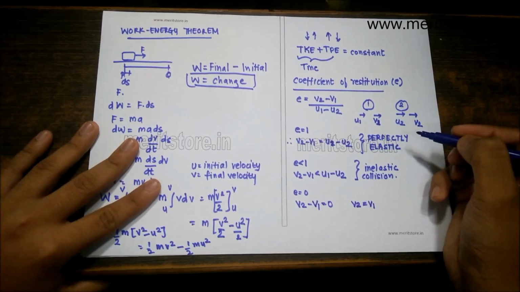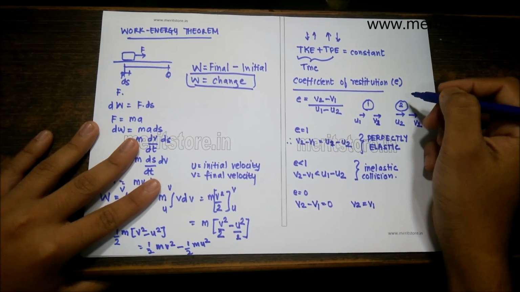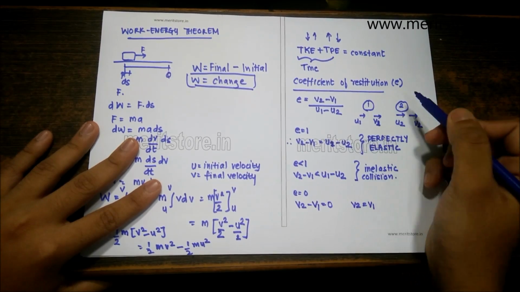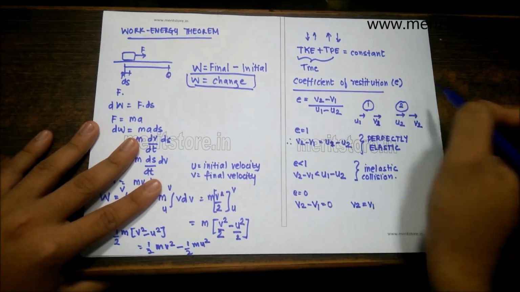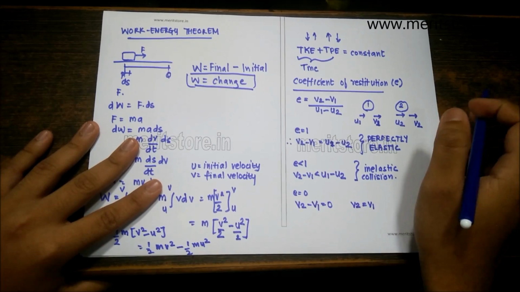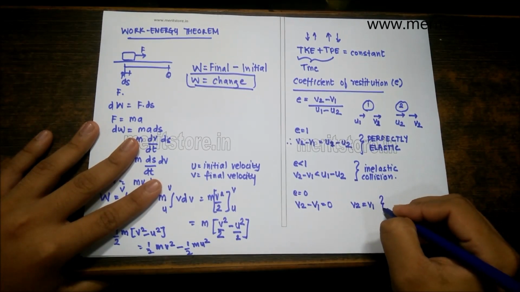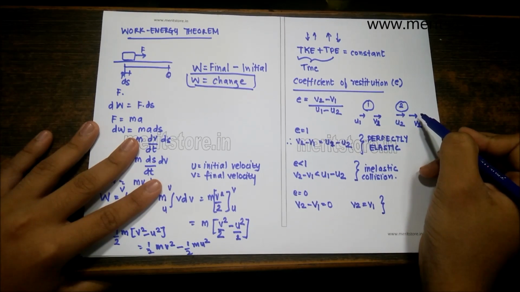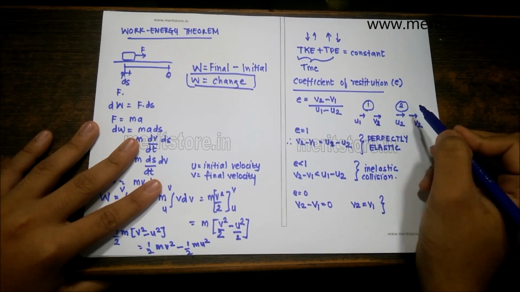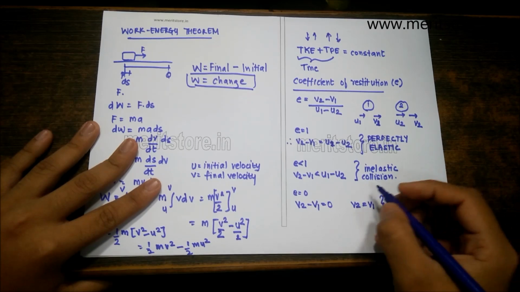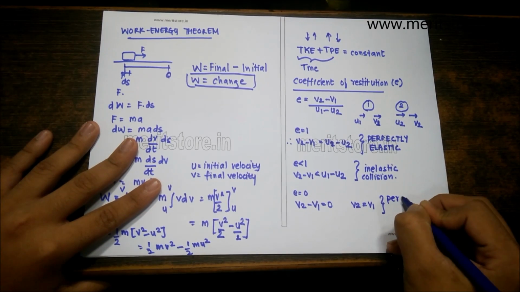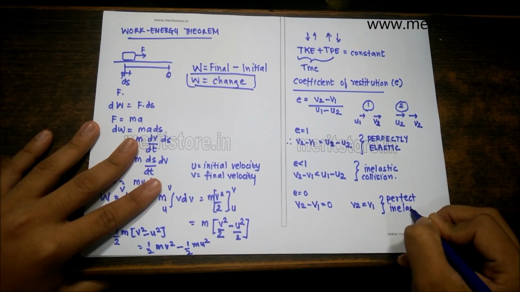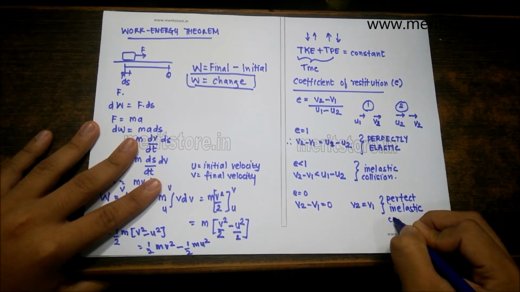In case 1, the relative velocity before collision and after collision remain equal. However, in the third case, we see that v2, the velocity after collision for both the bodies, is the same. This condition is known as a perfectly inelastic collision.